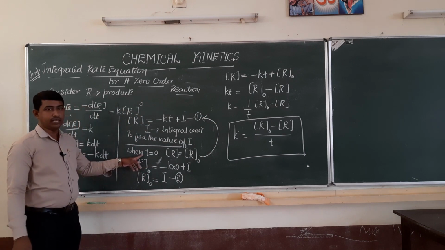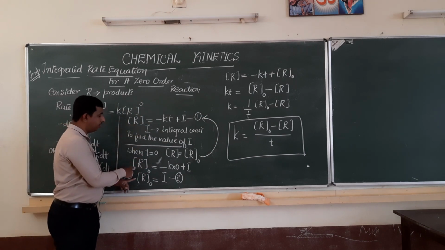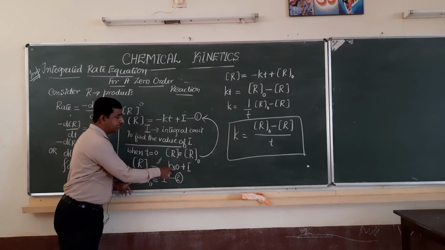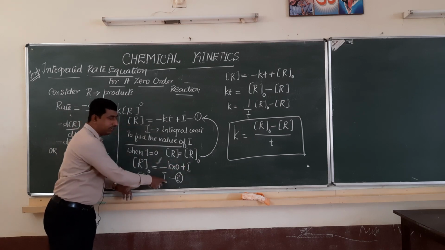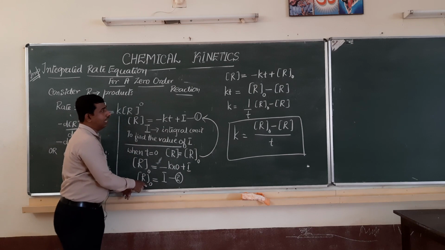Substituting these values in equation 1, in the place of R we write R0, in the place of t we write 0, plus I. So we got the value of I: I is equal to R0.